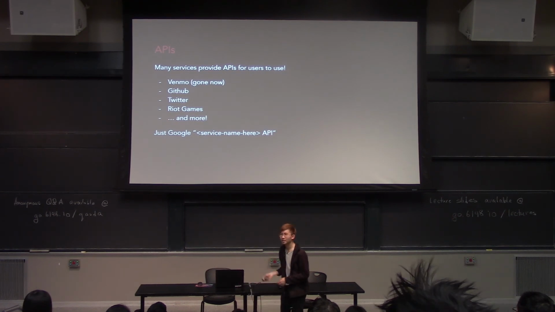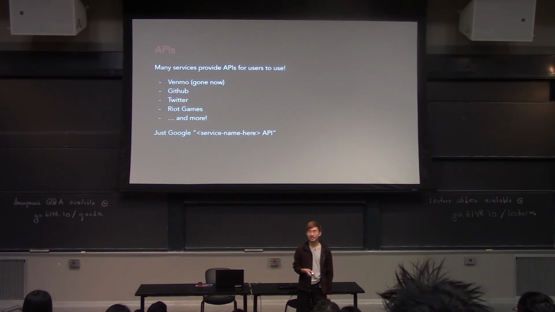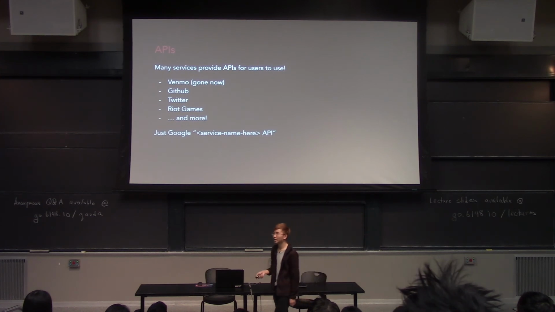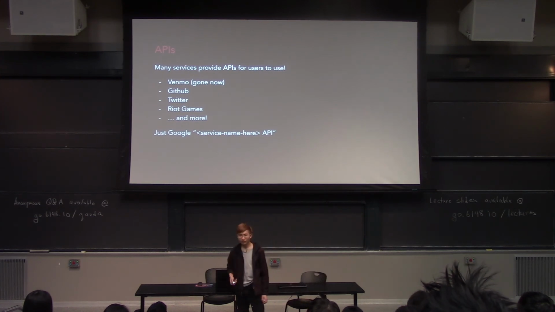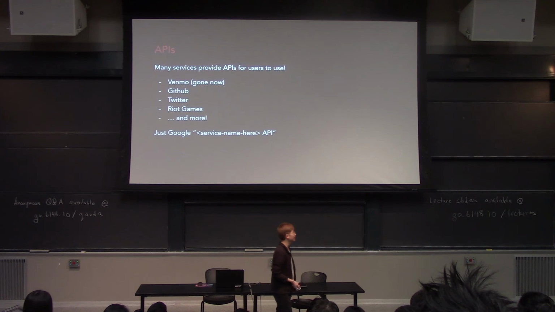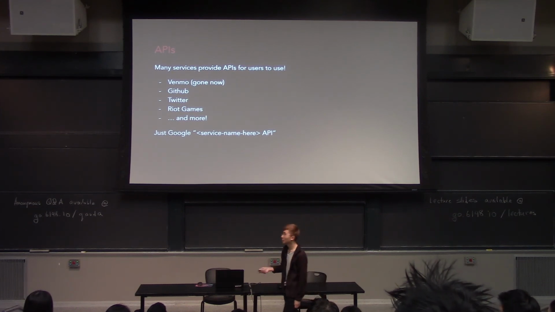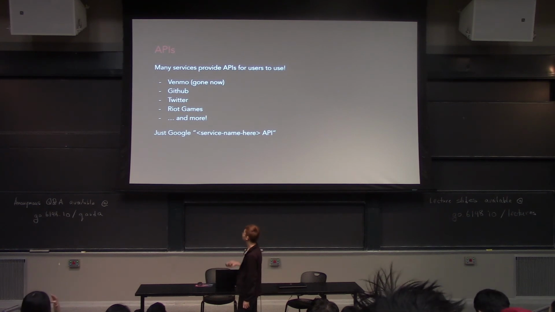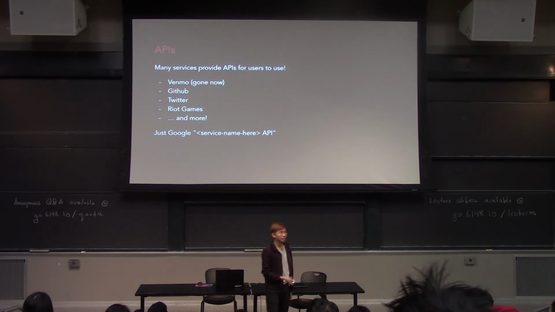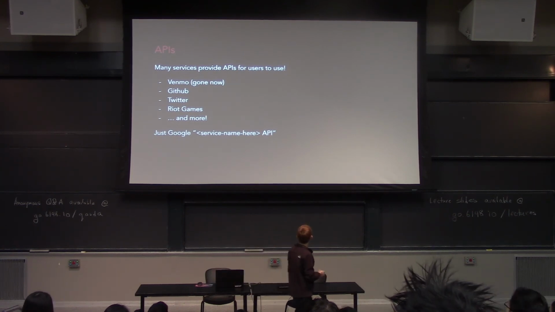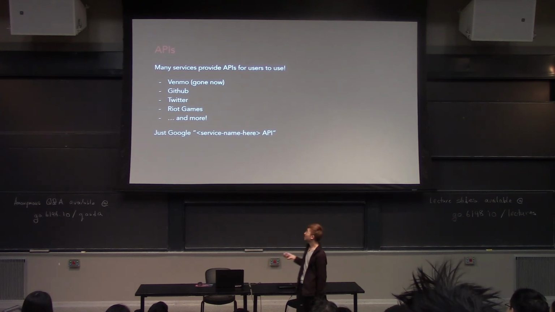But we used the Venmo API in order to make requests and payments for money on behalf of other people. Something that the GitHub API can do is you can use it to add users as collaborators to a repository. Something that the Twitter API can do is make tweets on your behalf. And there's just so many more services that provide lots of APIs.